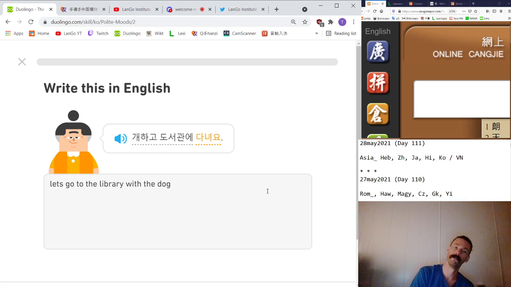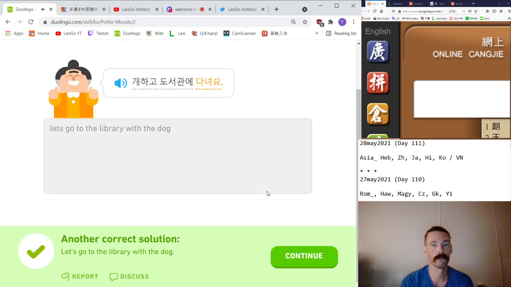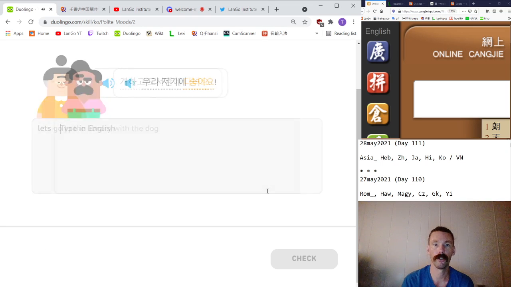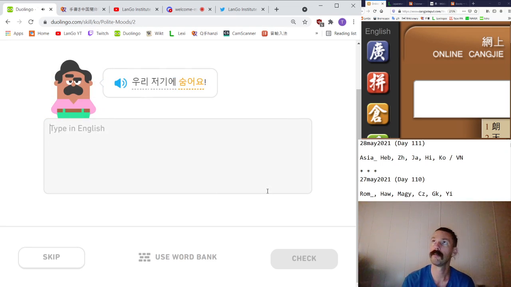Can you read the whole thing? 개하고 도서관에 다녀요. Good. I had to look up what it meant with 다녀요. 다니다 basically means go back and forth. 우리 저기에 숨어요. 숨다. 우리 저기에 숨어요.